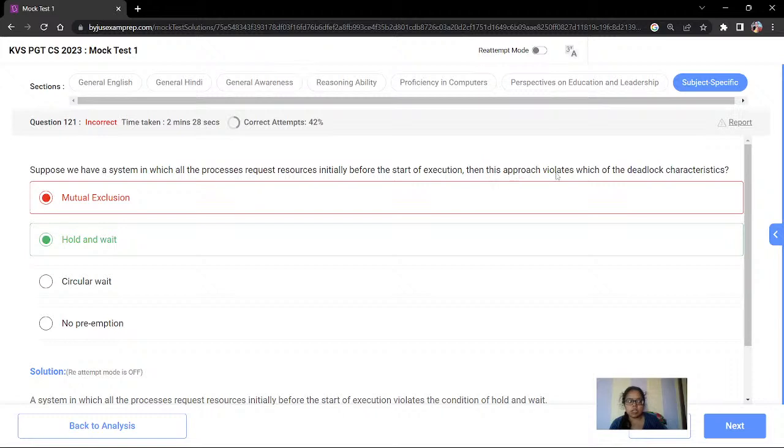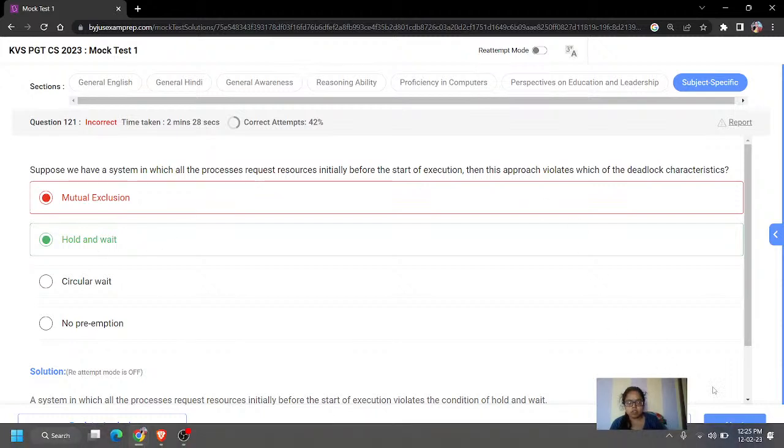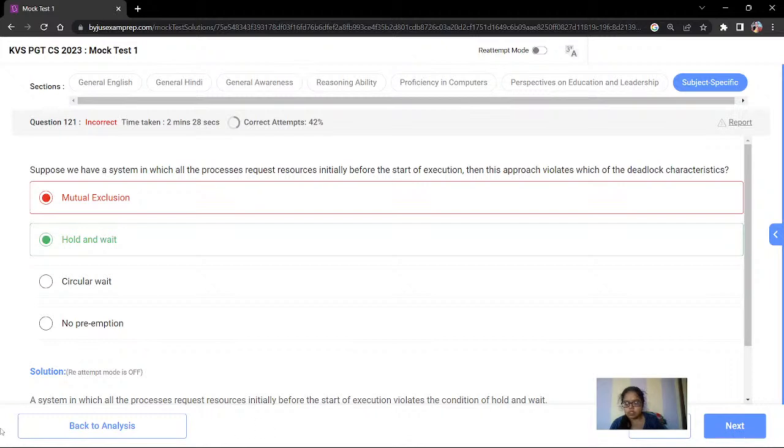Then this approach violates which condition of deadlock? That is the hold and wait condition. A system in which all processes request resources initially before start of execution violates the condition of hold and wait.